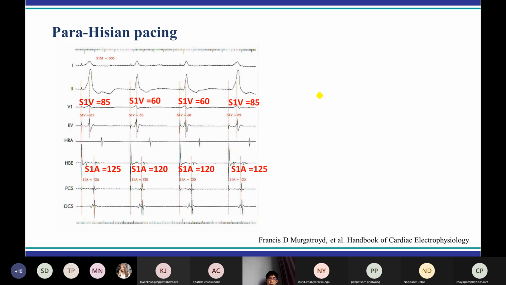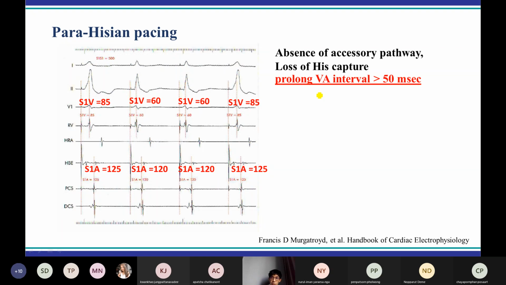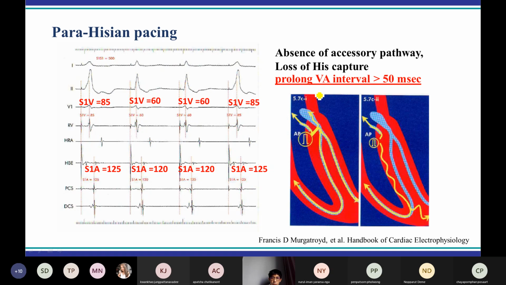So this is the example of the high and low output in the parahisian pacing location.